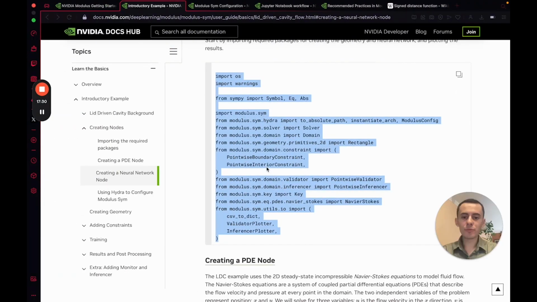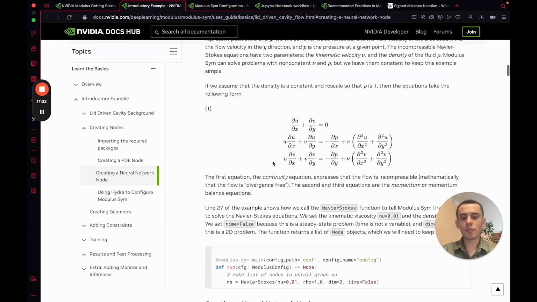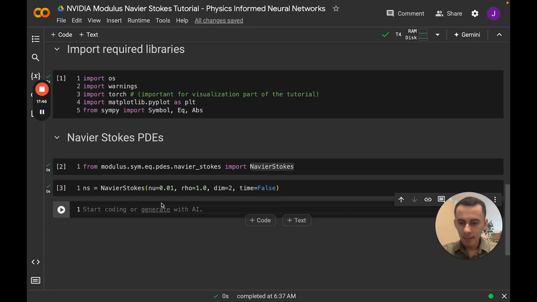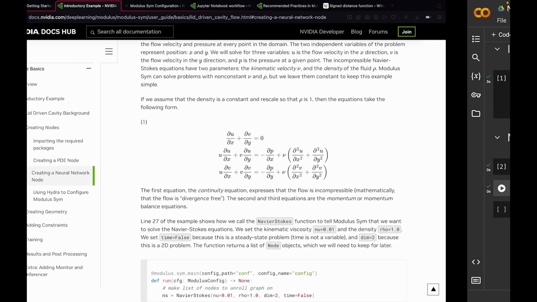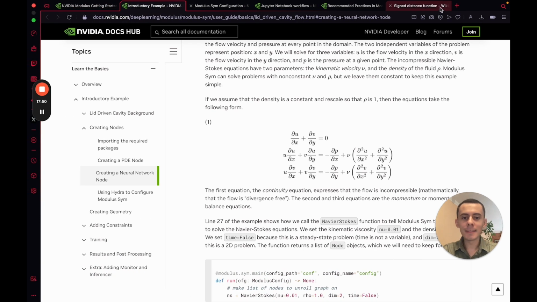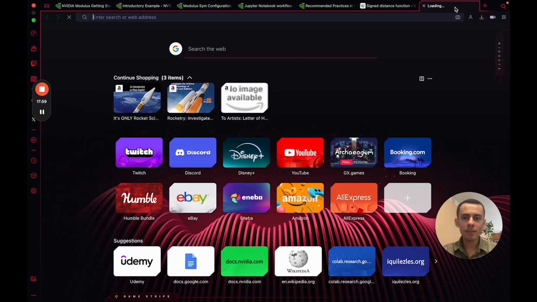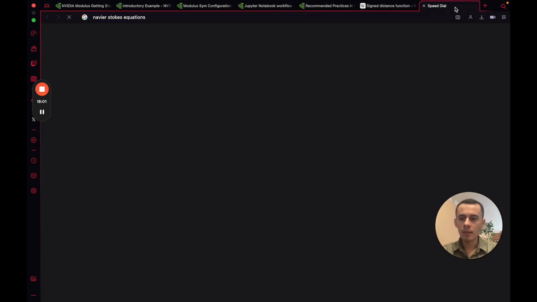And you can read about the Navier-Stokes equation here. Right, nu is the symbol. Rho is the density. So because the density is 1, you can see it here. Well, I will assume you are familiar with the Navier-Stokes equations.